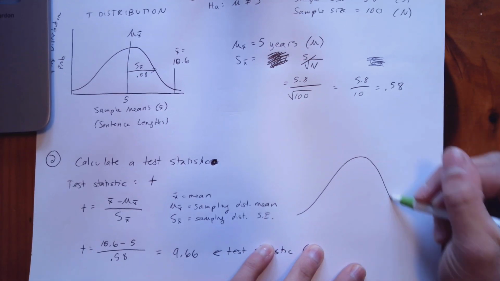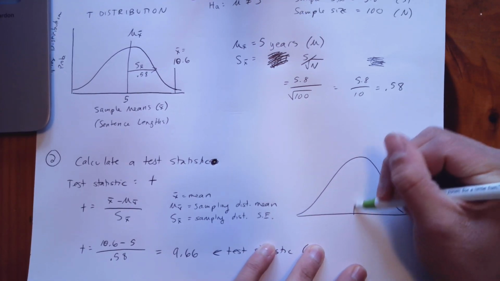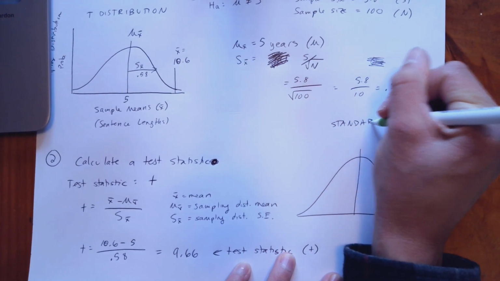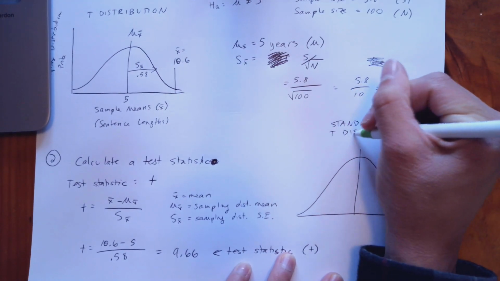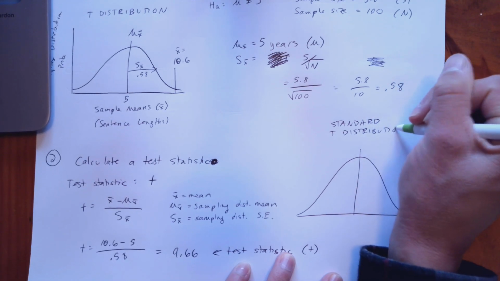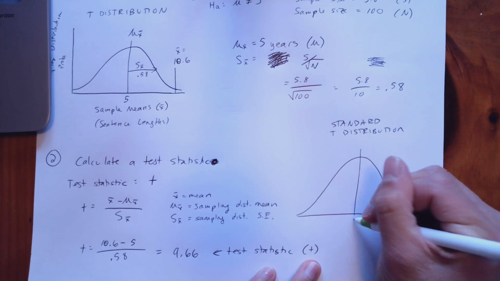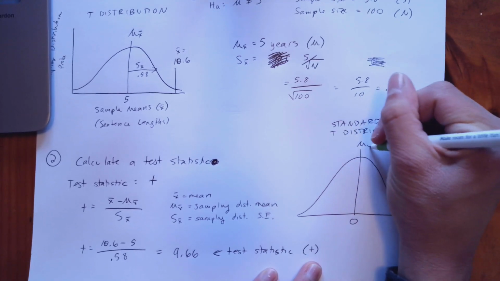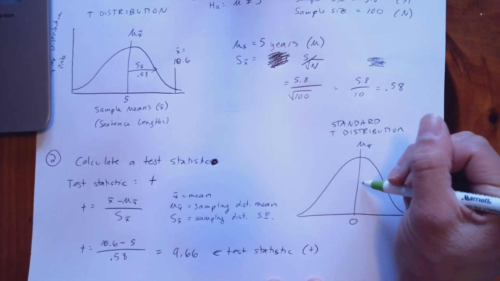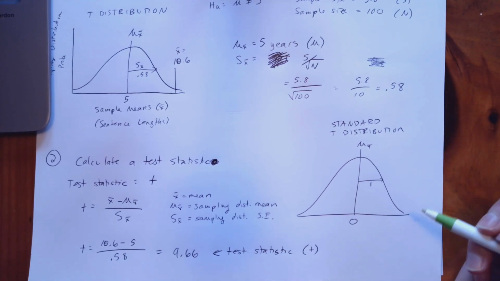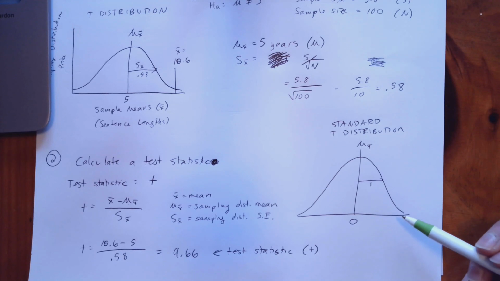So what I'm going to redraw here is the t-distribution but standardized. This here is going to have the same meaning as a standard normal distribution, where it has a mean of 0, a standard error of 1, and we can put our t-statistics on this distribution in the same way that we would put our z-scores on a standard normal distribution.